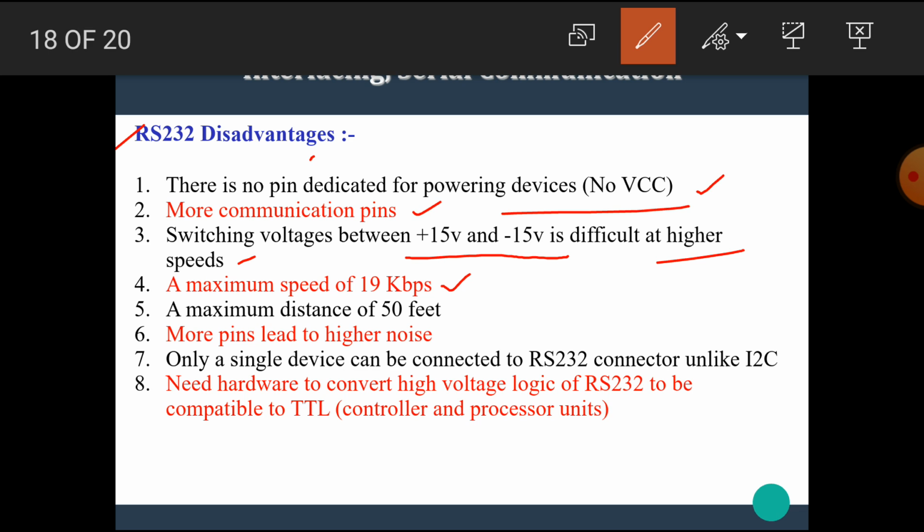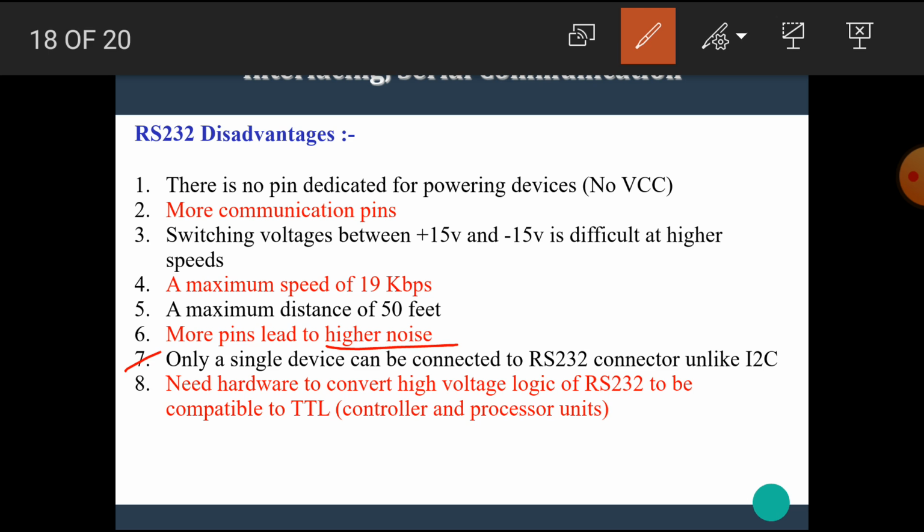The maximum distance is 15 feet. Above 15 feet we cannot use the RS232 standard, and it gives some amount of noise if we use a distance greater than 15 feet. More pins in RS232 are used, hence it leads to higher noise.